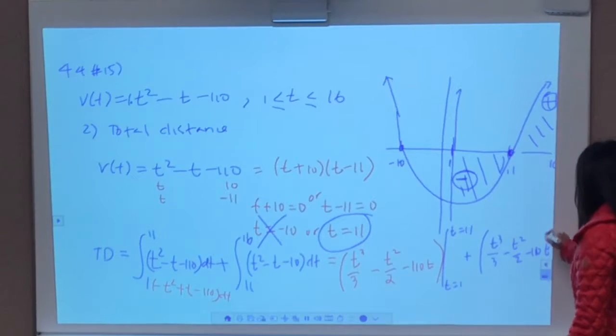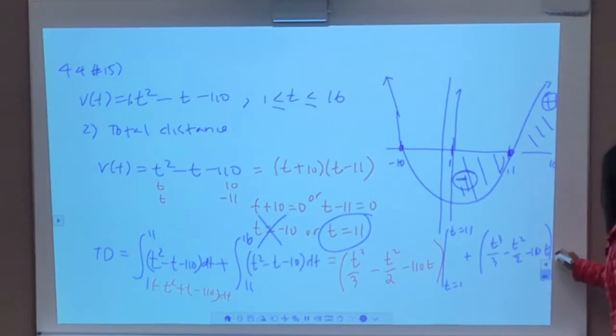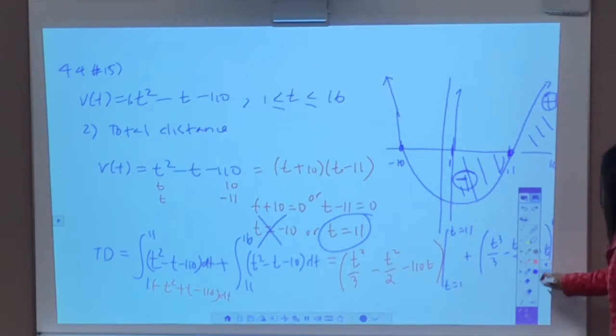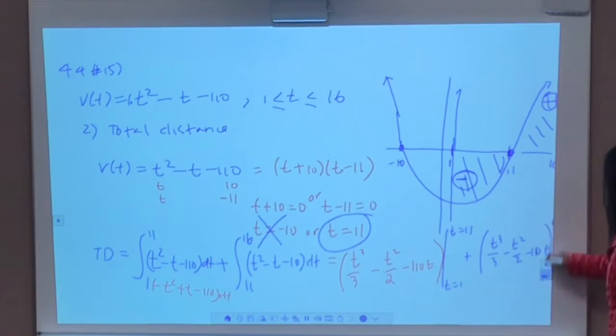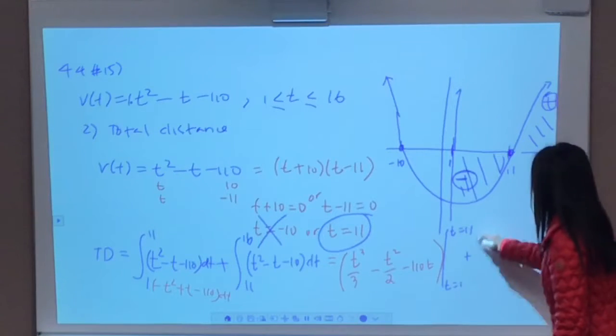And I'm going to evaluate it between where? From t equal to, you cannot see it. Let me get closer so you can see.